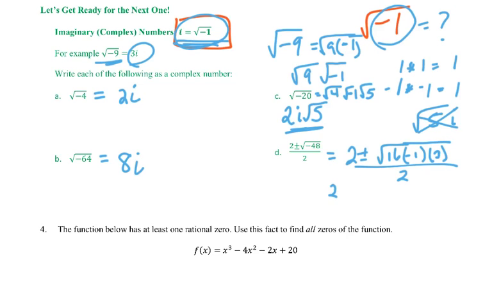So I have 2 plus or minus the square root of 16, which is 4i, because the square root of -1 is i, root 3 over 2. 2 can go into both terms in the numerator, so I can divide it out. 2 divided by 2 is equal to 1, plus or minus 4 divided by 2 is 2i root 3.